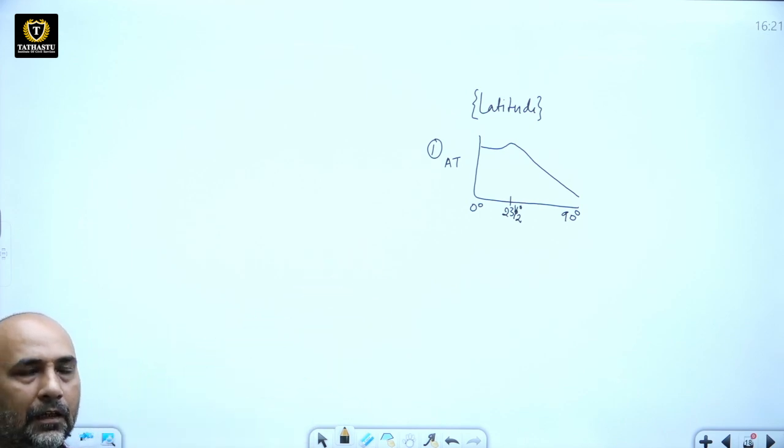In general, from low latitudes to high latitudes, annual temperature is declining. But you look at the diagram, at the tropics, Tropic of Cancer and Capricorn, temperature is slightly high compared to the equatorial region. That is because tropics are covered with cloudless, rainless, tropical deserts.